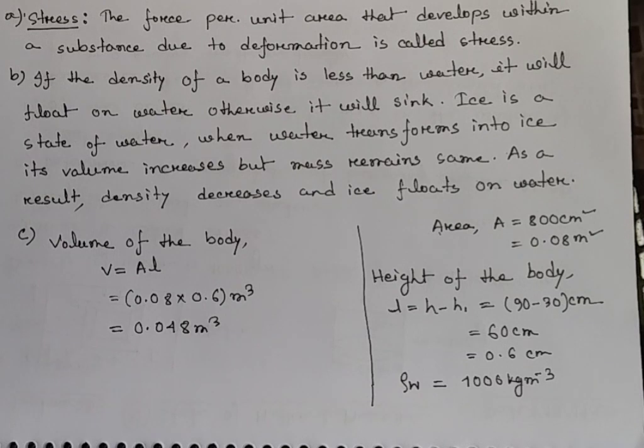Density is the ratio of mass to volume, and as the volume increases but the mass remains the same, the density will decrease. Because the density is less than water, the ice floats on water.